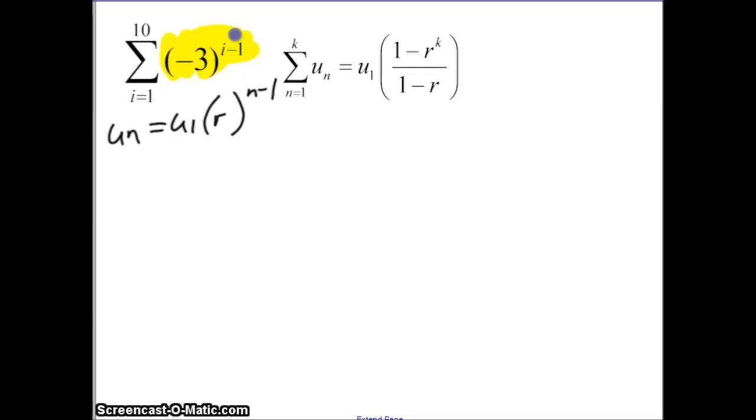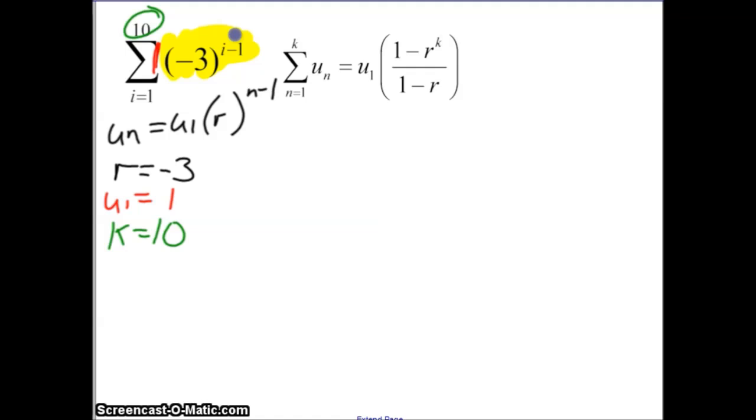They've got an i where n should be, okay? And r is negative 3. Okay? And what is your u sub 1 up front? My u sub 1 is 1, because that's in the form of an explicit form of a geometric sequence. I also need to know what k is. It is telling me that k is 10.